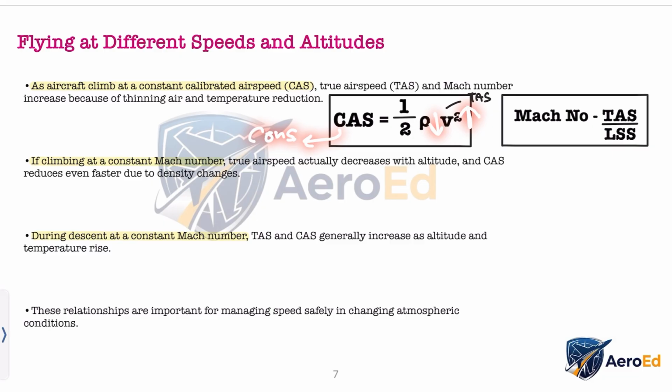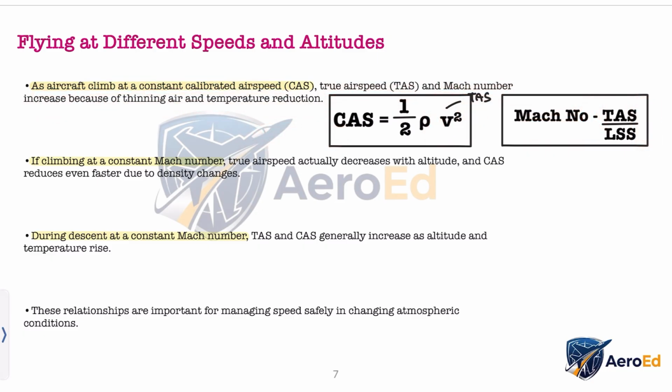And if the true airspeed is increased, in Mach number, what will happen? The Mach number is directly proportional to the true airspeed. So as true airspeed increases, the Mach number will also increase, and the local speed of sound will decrease, right? So here it is written that as aircraft climb at a constant calibrated airspeed, true airspeed and Mach number will increase because of thinning air and temperature reduction.